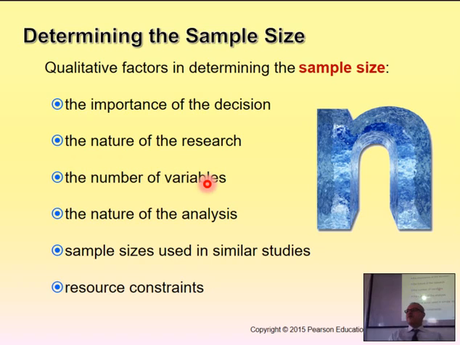And then the number of the variables. If we have one variable only, that is different than if we have 300 variables that we want to measure. Then the more the variables, the more we need people to answer questions. Does it mean it is accurate? There is an error. Remember when you do the calculation, there's always an error.